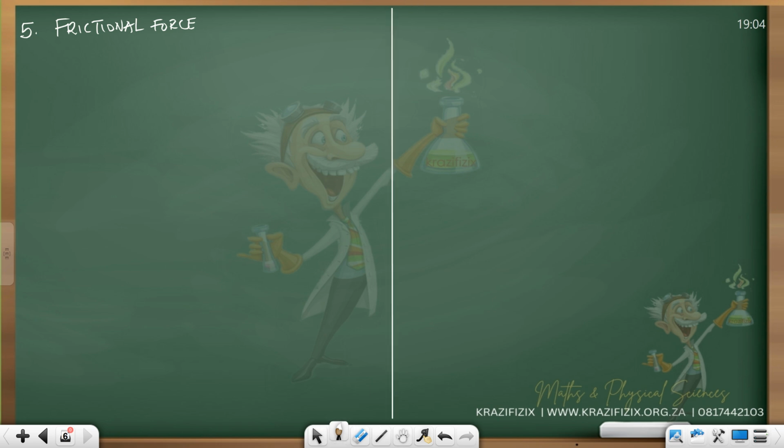So when it comes to friction, we are going to talk about 2 types of forces. All right? But generally, friction is a force that opposes motion. But we're not going to define it like that. We are going to talk about 2 types of frictional forces.